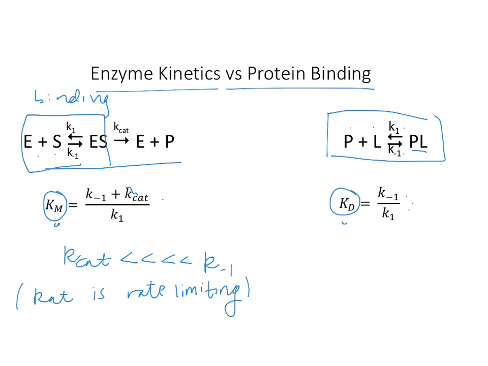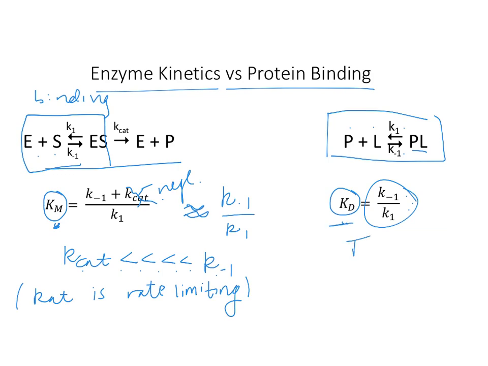And if we do that, then we can say that kcat is negligible. All right, and if kcat is negligible because it's so much smaller than the off rate, then Km essentially becomes k minus 1 over k1, which, if you'll notice, is this exact same equation. So that's why we say Km is a measure of binding.